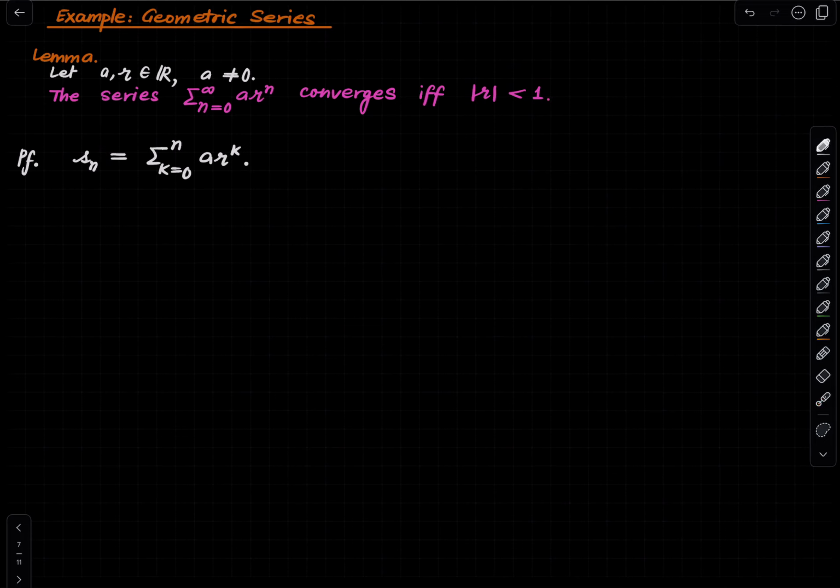All right, fine. So the usual trick. What is r times s_n? r times s_n is this, which we will write as ar plus the sum for k equals 1 to n of ar to the power k plus 1. Or maybe it would be better to write it this way: the sum for k equals 1 to n plus 1 of ar to the power k.